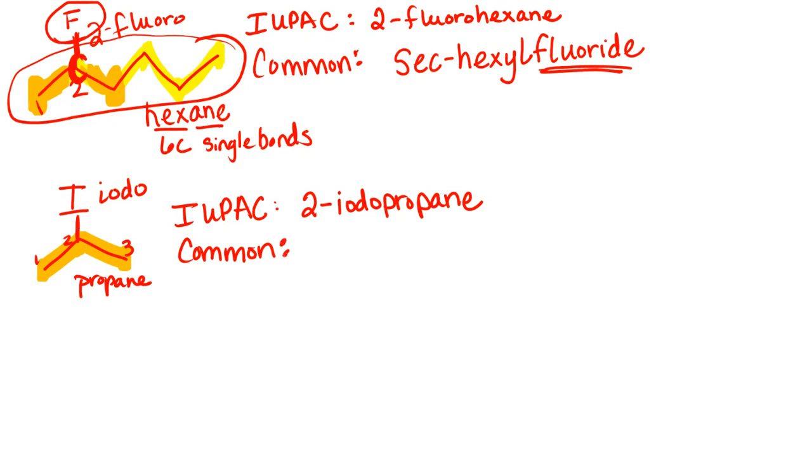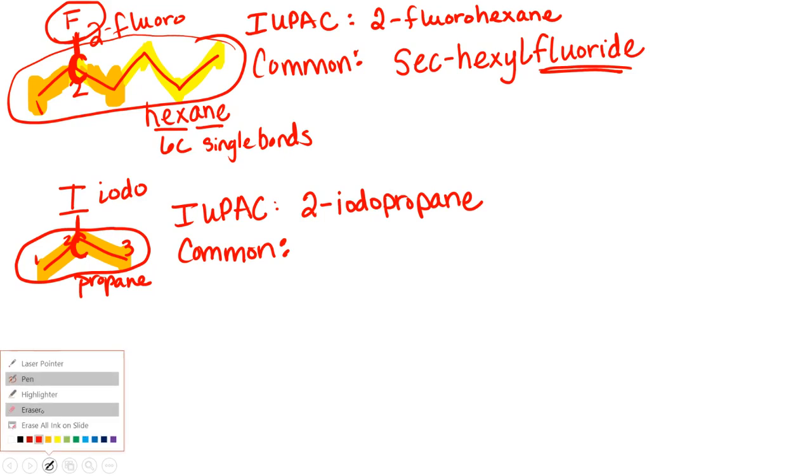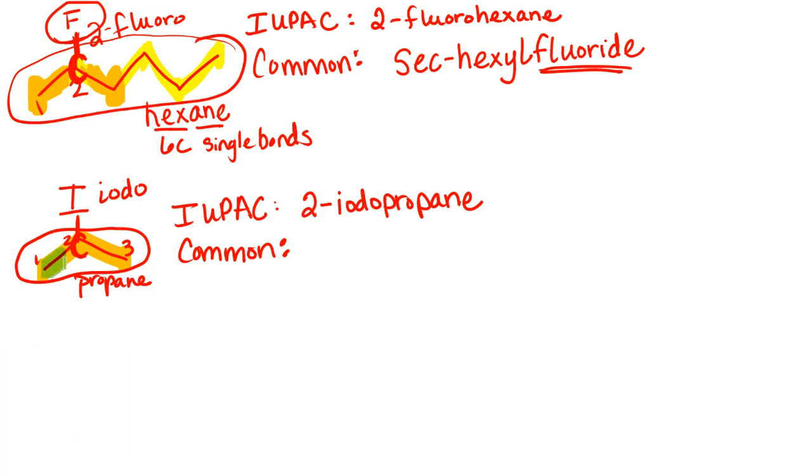What about a common name for this one? Well, we know we need prop. The question is, what kind of propyl? Is it n-propyl? Is it all right in a row? Well, it doesn't really look like it. You might say, okay, just like above, this carbon is connected to 2 other carbons. It's really tempting to say, must be sec-propyl, right?